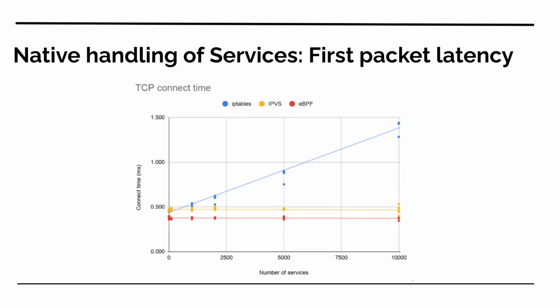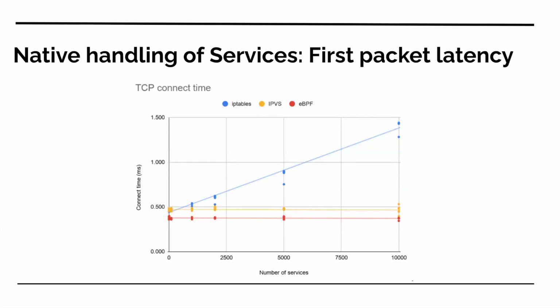The more services you have, the bigger the impact. This graph shows, as you scale up the number of services from 0 to 10,000 in IP tables mode, kube proxy adds about a millisecond of latency for 10,000 services. So if you have 20,000 services, that would be 2 milliseconds of delay.